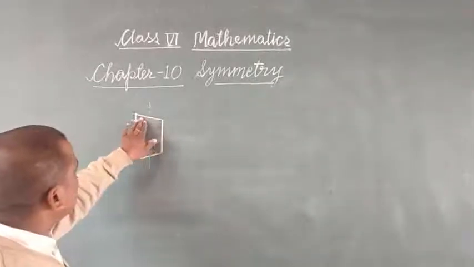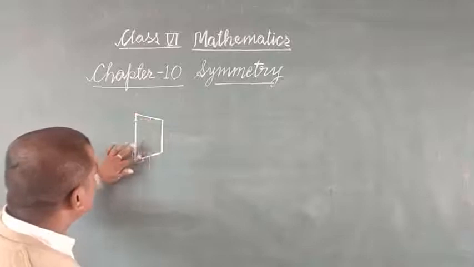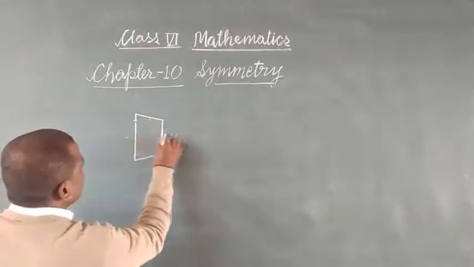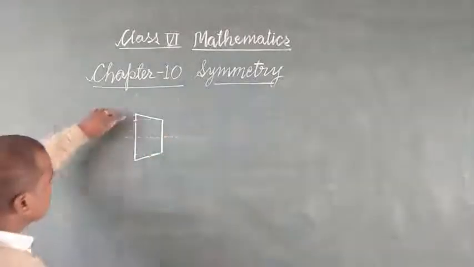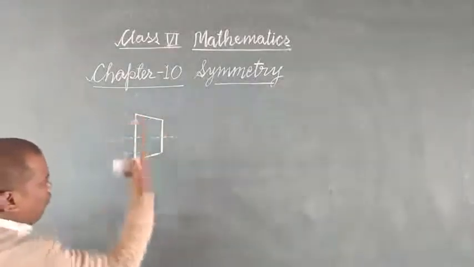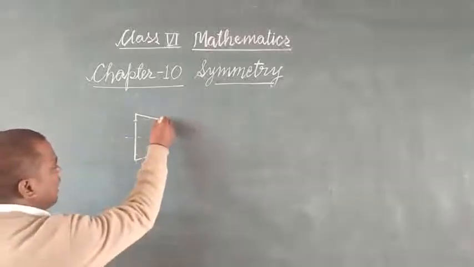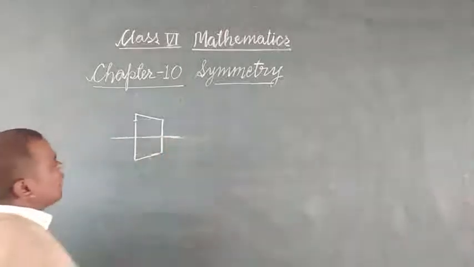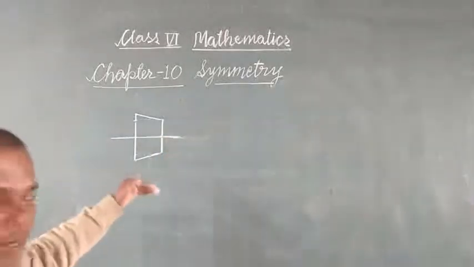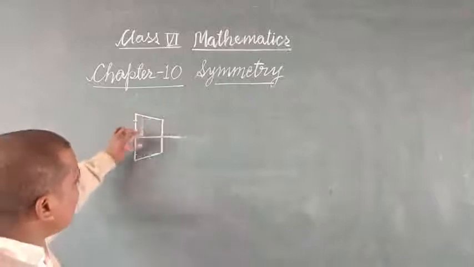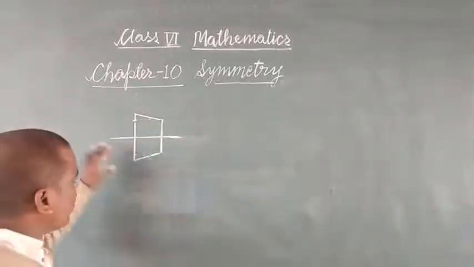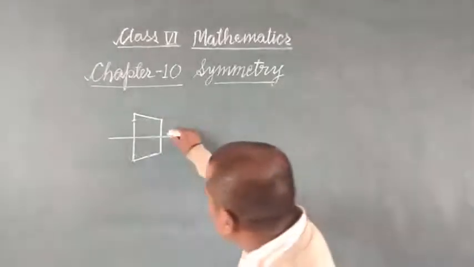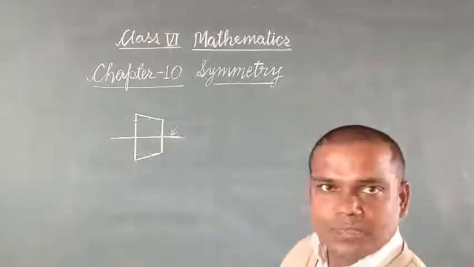Now we will try this side. Now see, when you fold, this covers this one and this covers this. It means this line is called the line of symmetry, because the upper side and the lower side of this line look exactly the same. So this one becomes the line of symmetry.